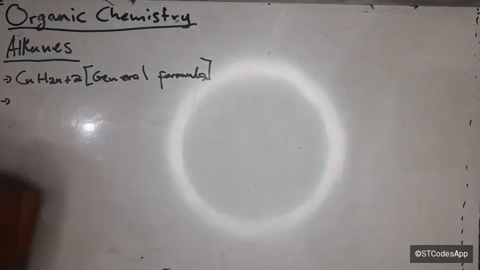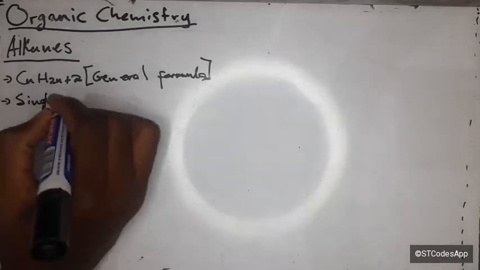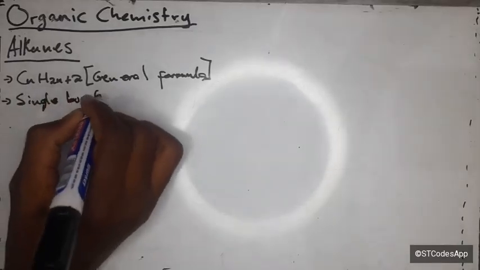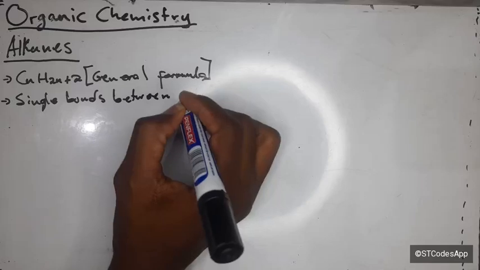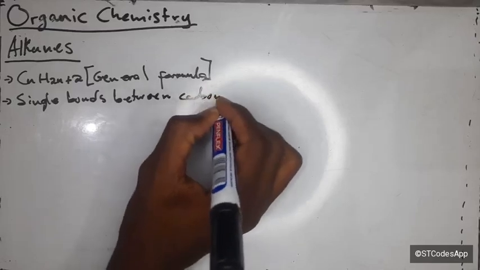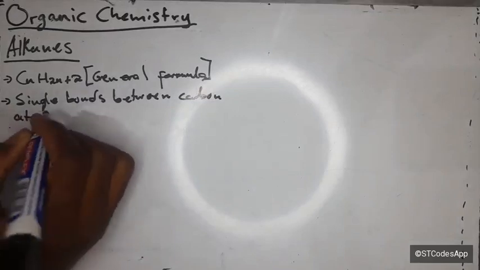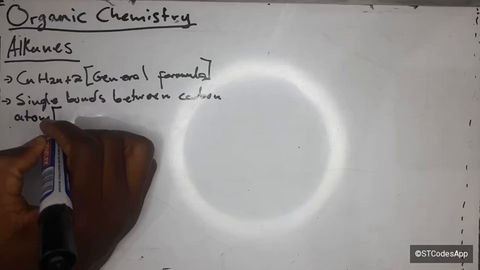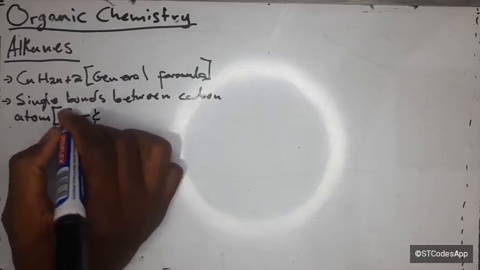So the functional group here, I said for alkanes, is a single bond between carbon atoms. Then the representation of this is C-C, something like this.